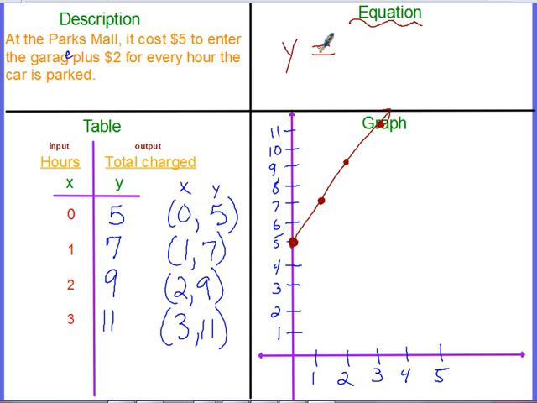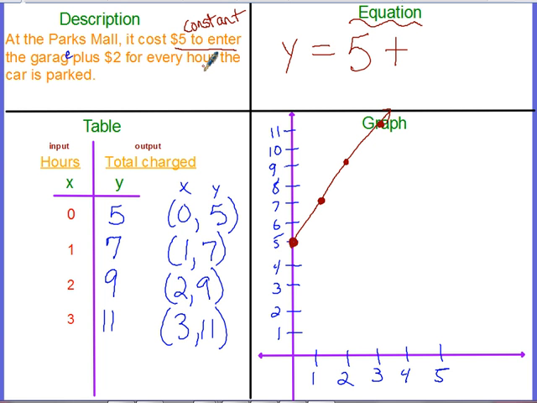Okay, so let's look back at the situation. $5 to enter. That's what we call a constant. No matter what, I have to pay that $5 fee. So I'm not going to attach that 5 to any variable or anything. It's just a 5 in my equation. Now, I also have to pay $2 for every hour.